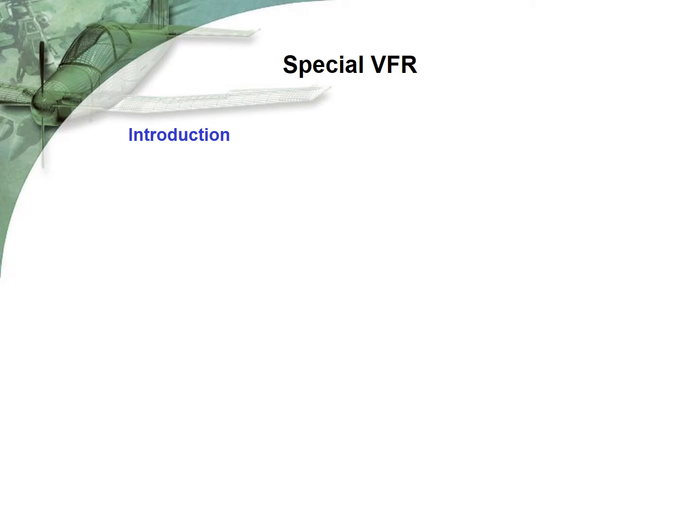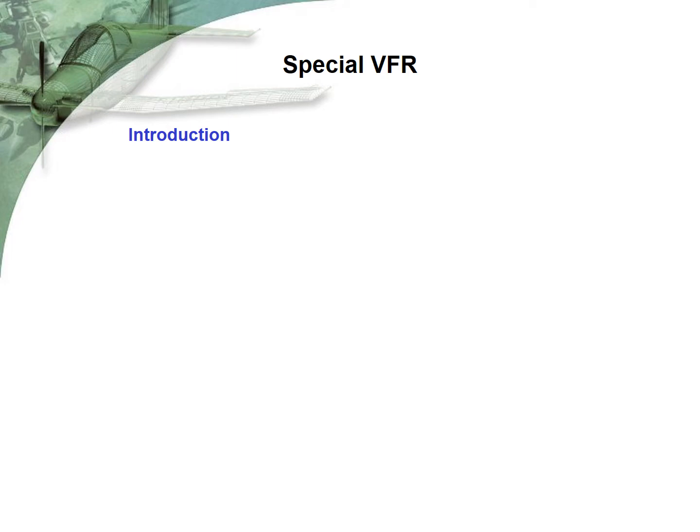Our topic is going to be about special visual flying rules, commonly known as special VFR. Before we continue, we must ask ourselves: what is special VFR, when do we use it, and when are pilots supposed to fly under these rules?